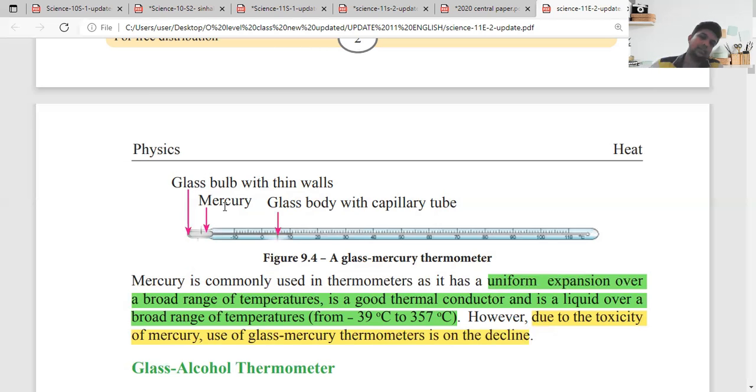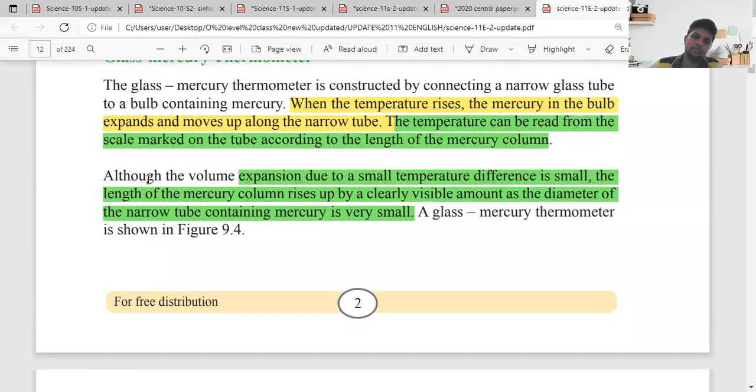Okay, sir. Let's put in a note. Let's write point-wise.